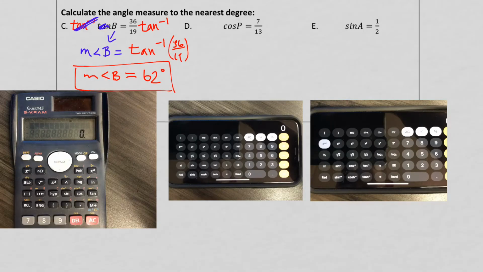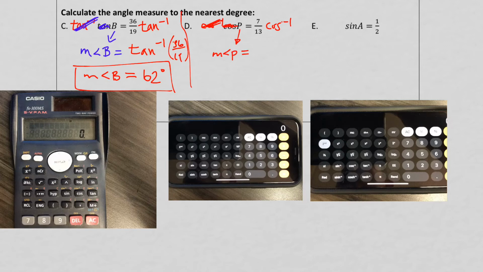Alright, so with that being said, here's example D. I want to solve in this case for angle P. So my job here is to move this cosine to the other side. So I'm going to multiply using the inverse of cosine, inverse of cosine to both sides. So this cancels cosine. Here the measure of angle P comes out free and clear.